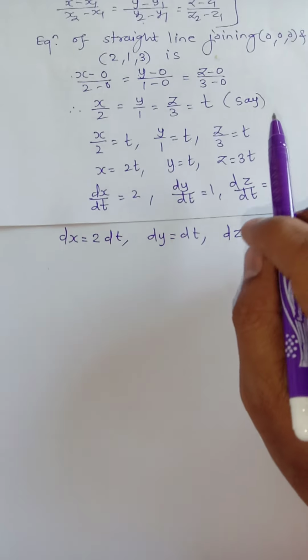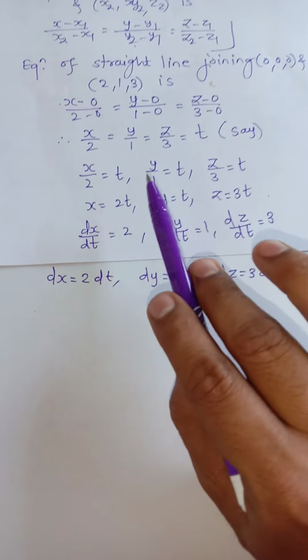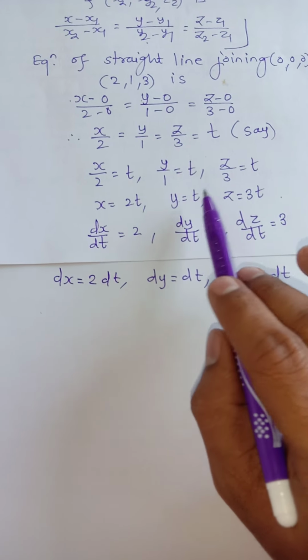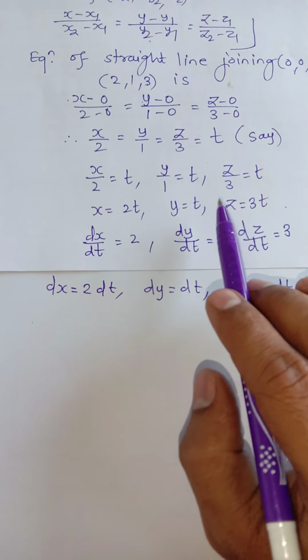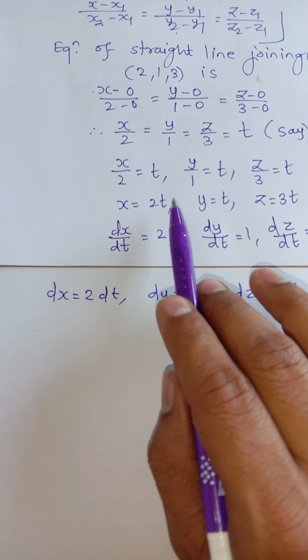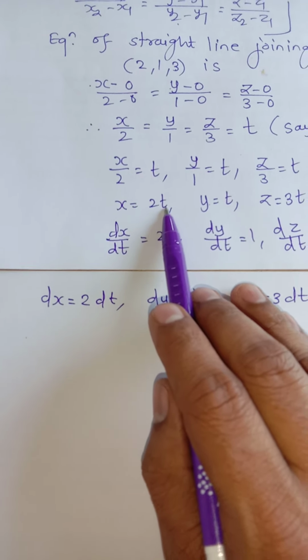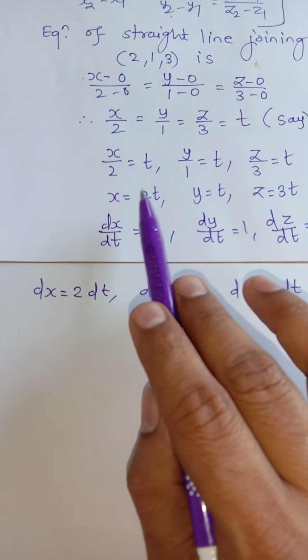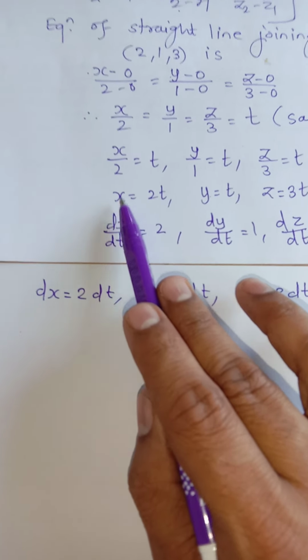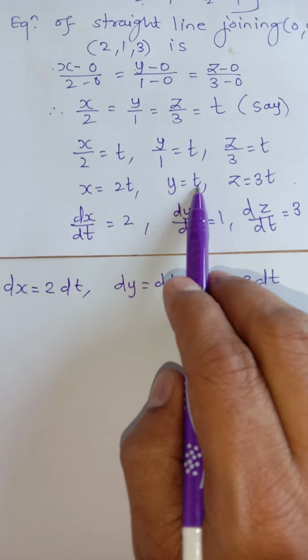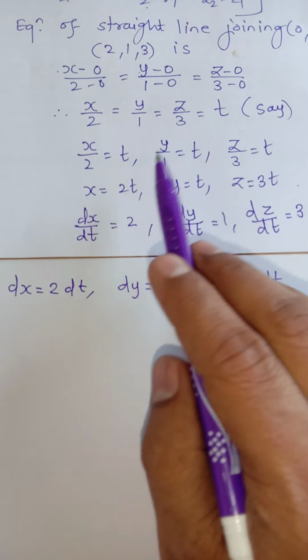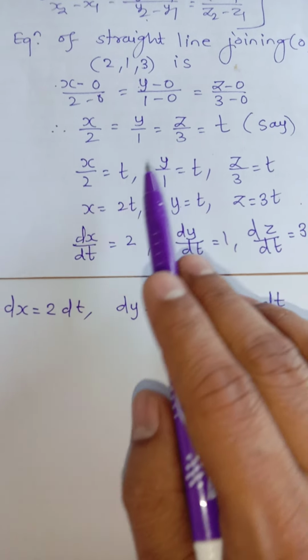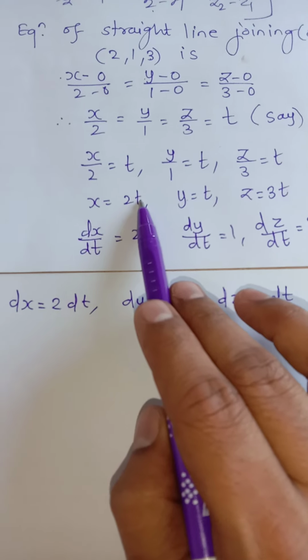Now we want the original points (0, 0, 0) and (2, 1, 3). So what is the value of t? Take the value of t as 0 and the value of t as 1. First put t is equal to 0. So we get x equal to 0, y is equal to 0, z is equal to 0. And for the second point (2, 1, 3), take t is equal to 1.